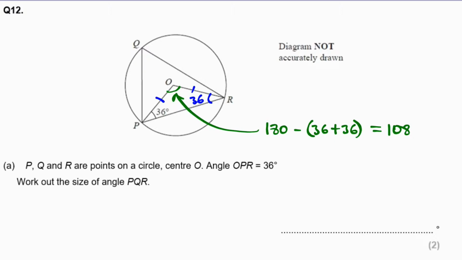To find the angle at the circumference, which is that one there, you know that the angle at the center of the circle is usually double the angle at the circumference, so the angle at the circumference will be half of the angle at the center. That will be equal to 54 degrees. So the required angle is 54 degrees.